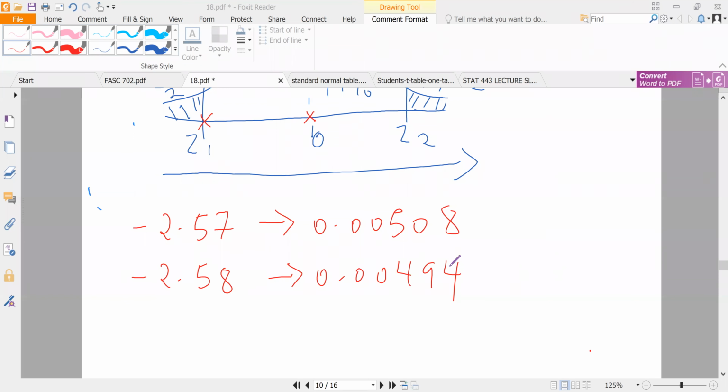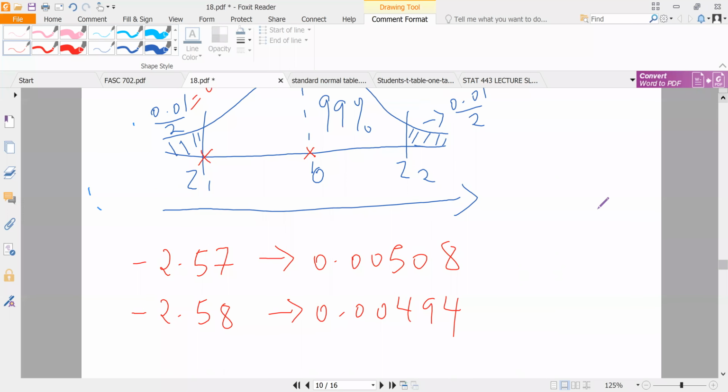Our Z1 lies somewhere here. In such situations, what we do is take the average of these 2 values, and whatever we get will be our approximate value of Z1.